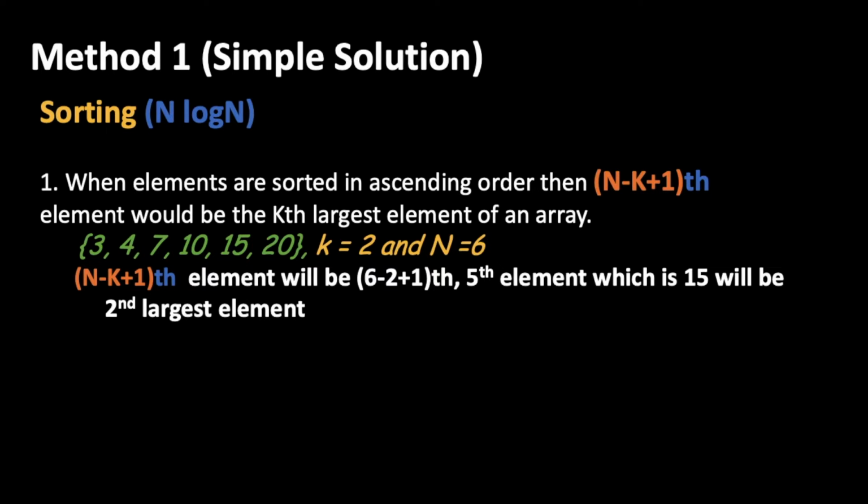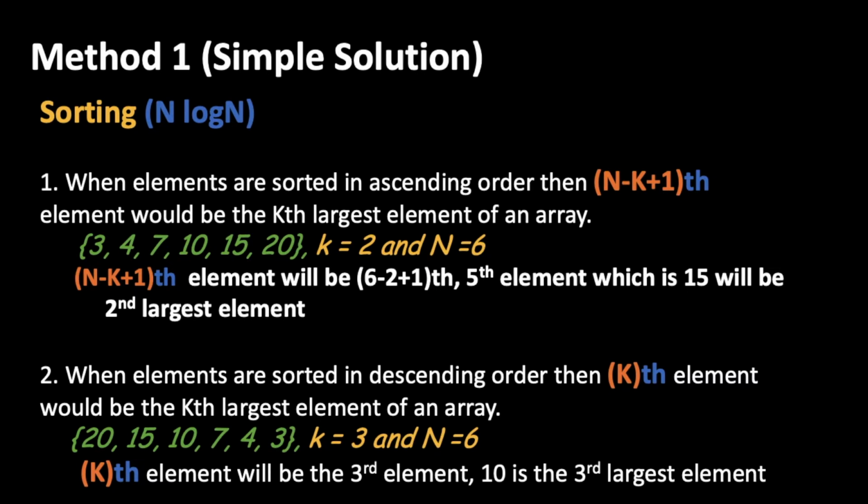So the n minus k plus 1th element, where n is 6 and k is 2, so 6 minus 2 plus 1, that means the fifth element, which is 15, which is the second largest element in the given array. So if we sort an array, we can just use the n minus k plus 1th element and say that it is the kth largest element in the given array.